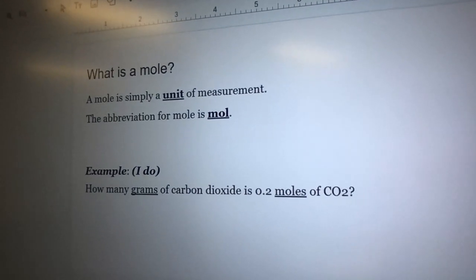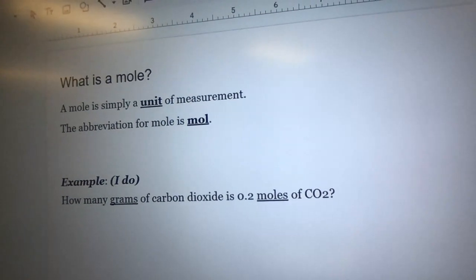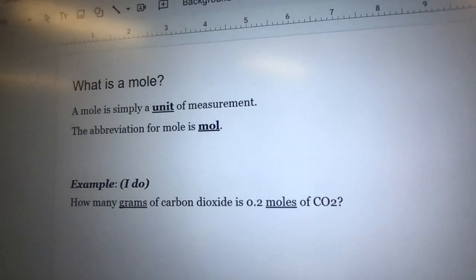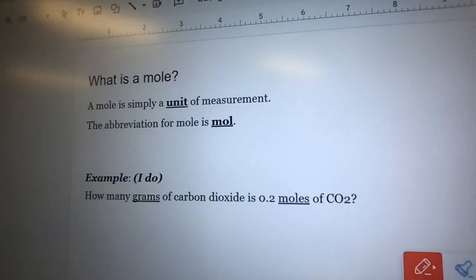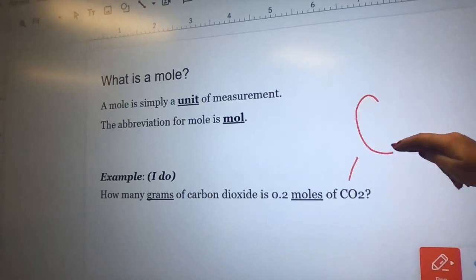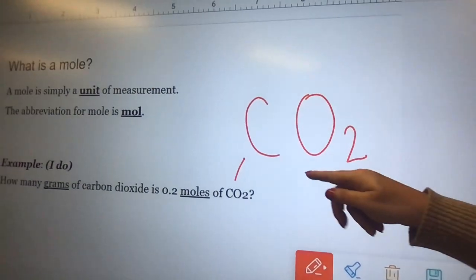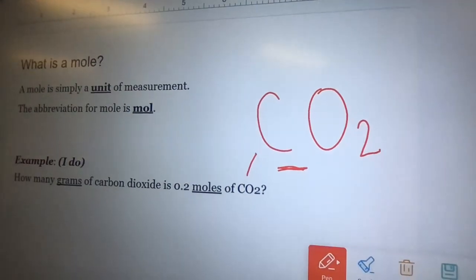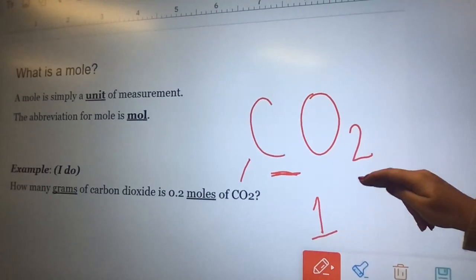Carbon dioxide, remember that is CO2. One thing that I want to show you: when you have the CO2, let me write it bigger. If you don't have any number next to C, that means that there's only one carbon.